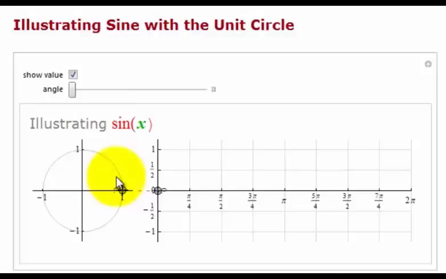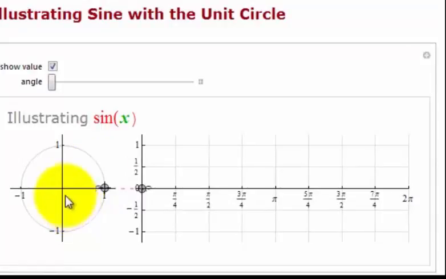Notice pi over 4, pi over 2, etc. That's the angle. And the vertical axis has on it the y-coordinates, which are the second coordinates of the points on the unit circle.